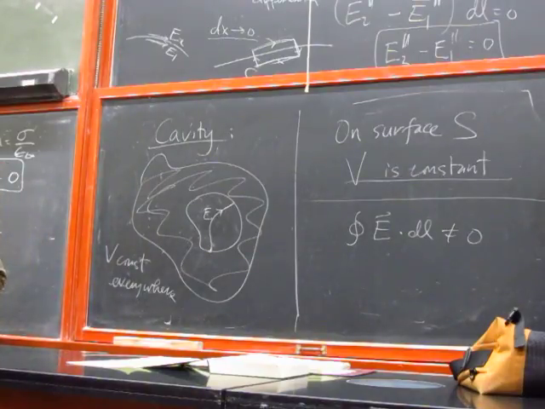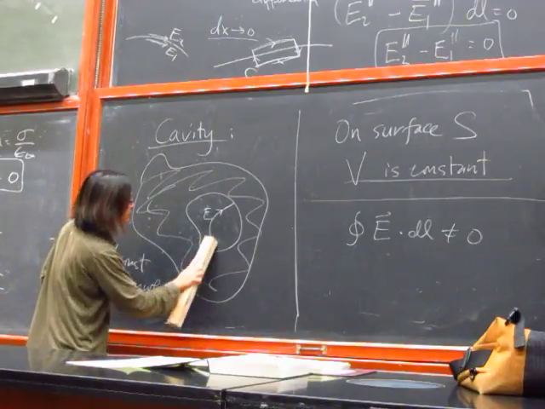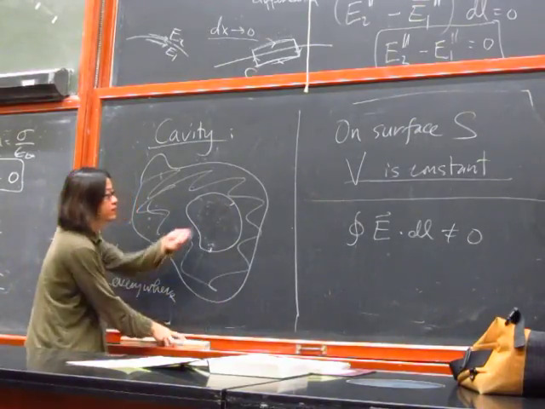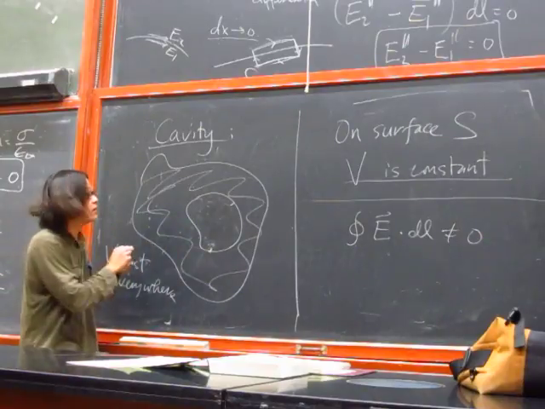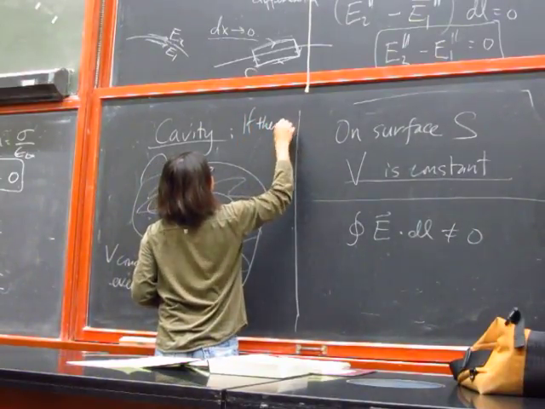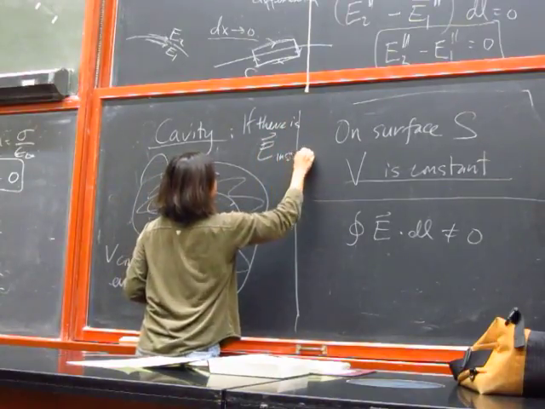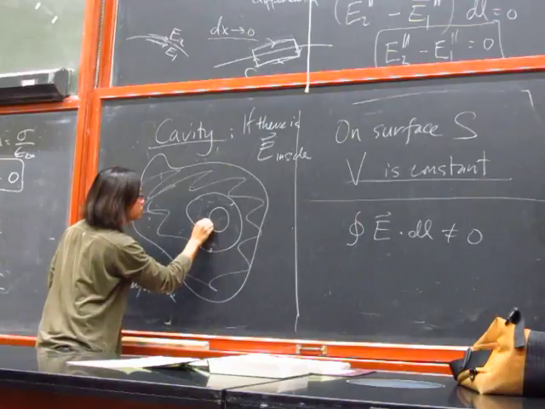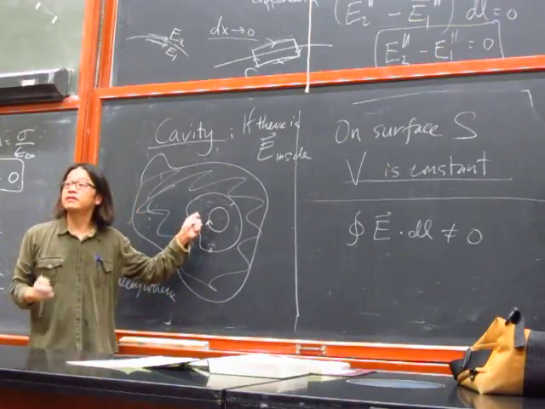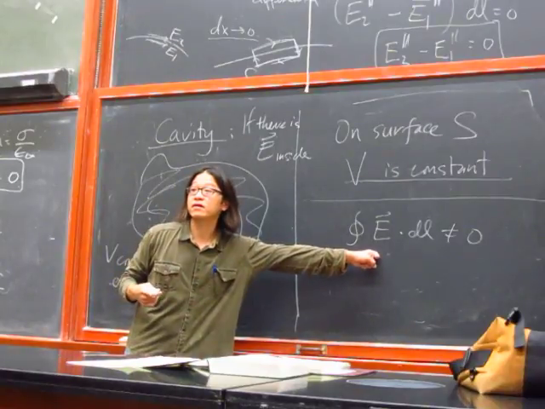So my first argument is this. If there is an electric field inside the cavity, it cannot form a closed loop. The field line cannot close onto itself because it will violate that equation.